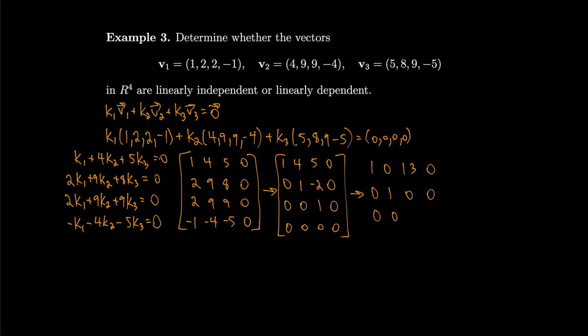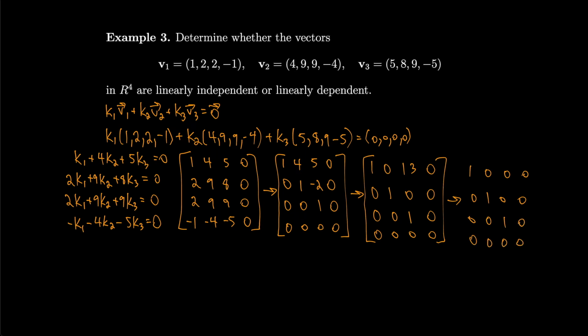I'll keep 0, 0, 1, 0. Almost done. I just need to take 13 of this and subtract it from there. So notice I'll get 1, 0, 0, 0; 0, 1, 0, 0; 0, 0, 1, 0; and 0, 0, 0, 0. That means that k1 has to equal 0, k2 has to equal 0, and k3 has to equal 0.